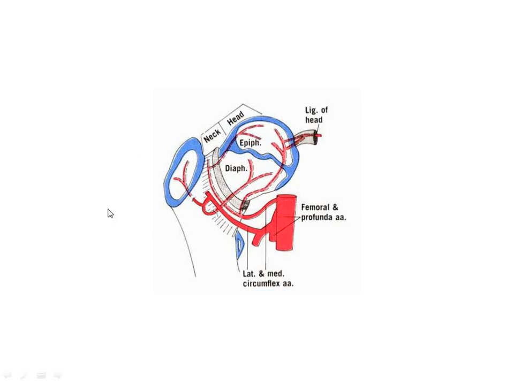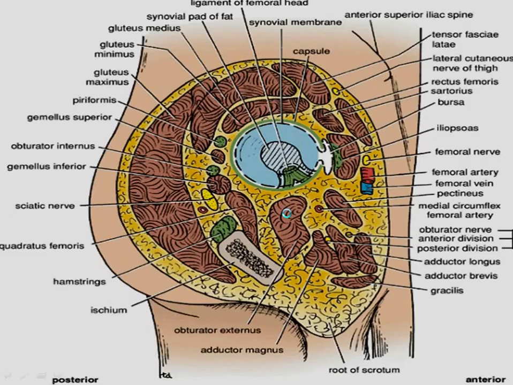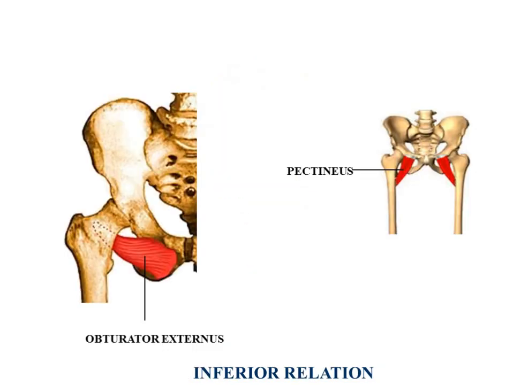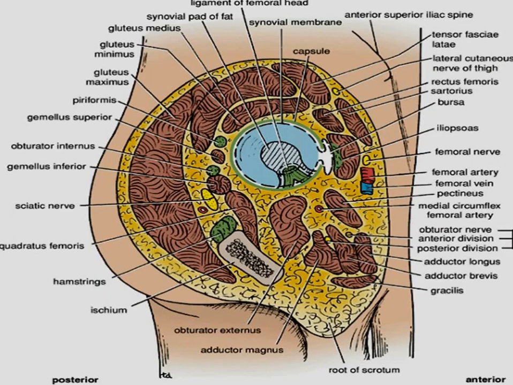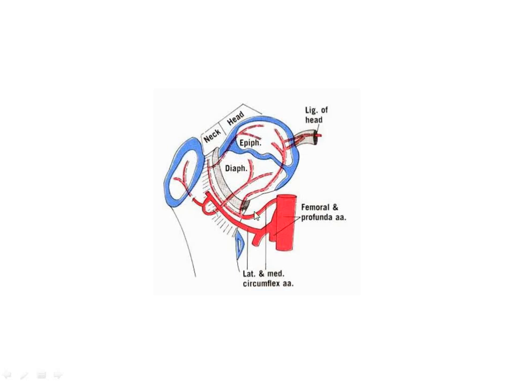So, the blood supply to the hip joint is by this trochanteric anastomosis, that is branches from lateral and medial circumflex femoral arteries, which are branches of profunda femoris, which in turn is a branch of femoral artery. Then branches of the superior and the inferior gluteal arteries, which are branches of internal iliac artery, that take part in anastomosis.